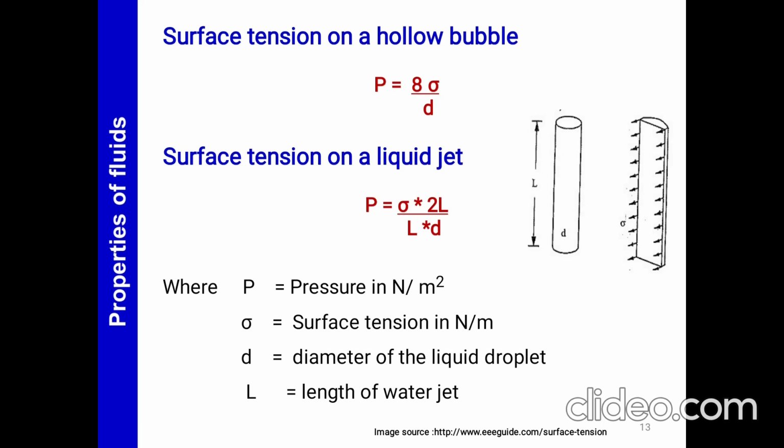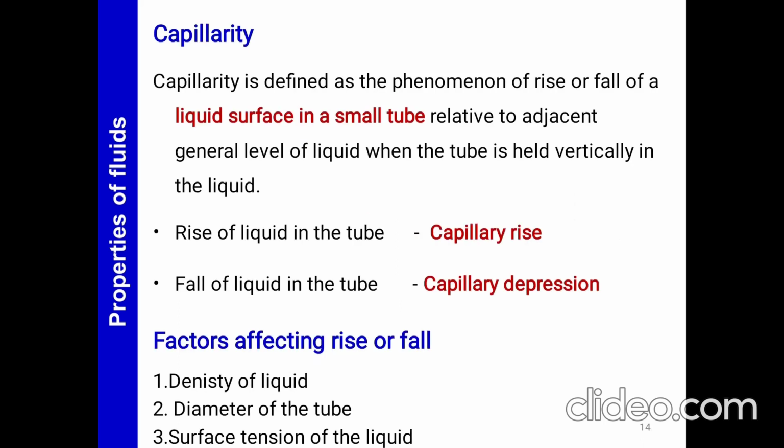On a liquid jet, P is equal to sigma into 2L divided by L into D, where capital P represents the pressure in Newton per meter square, sigma represents the surface tension in Newton per meter, small d represents the diameter of liquid droplet, capital L represents the length of water jet.